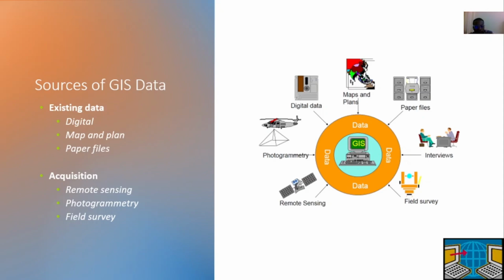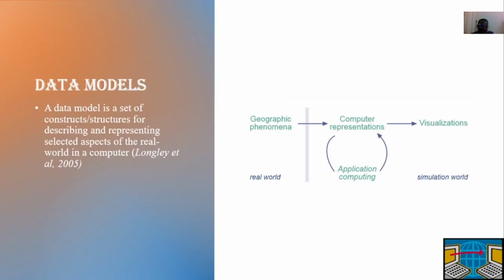Acquisition can be in the form of remote sensing, as in trying to get information about something without being in contact with it. We have photogrammetry, whereby cameras are placed on aircraft to capture a specific area. Then you have the field survey, whereby you go to the field, use your survey tools to capture geographic data, and you are good to go.